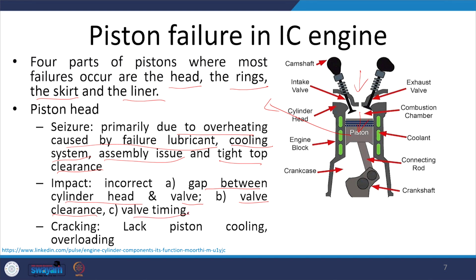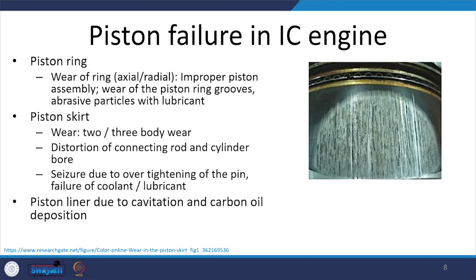That can lead to damage to the piston head. Cracking, from lack of piston cooling or overloading, can also occur. These are some of the causes related to piston head failure.